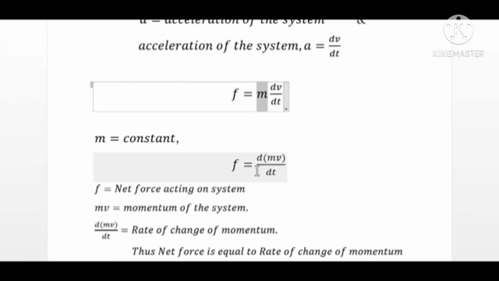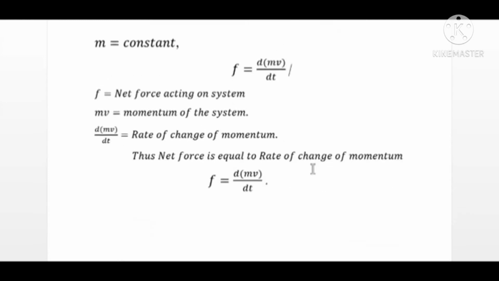So I have written here that F is equal to change of mv with respect to time. This mv is nothing but our momentum. So we can say that force is equal to time rate of change of momentum, or we can say rate of change of momentum is equal to the net force acting on the system.